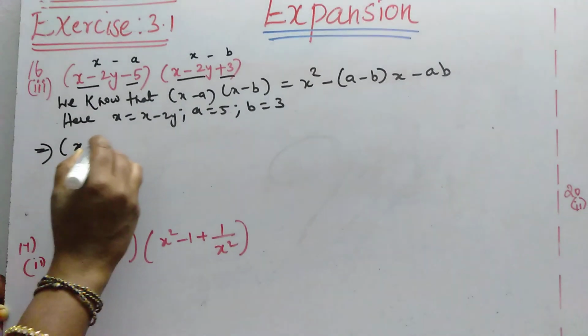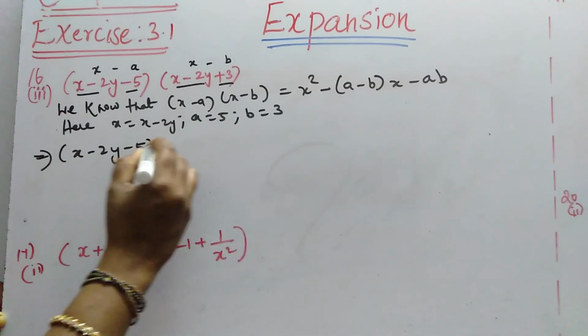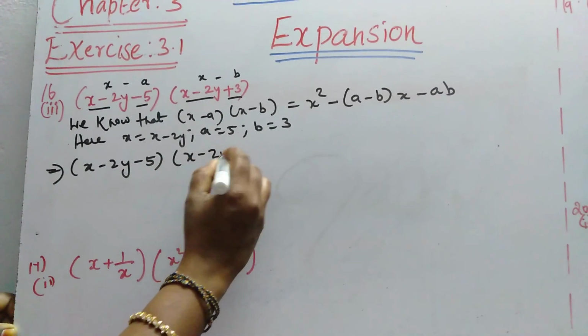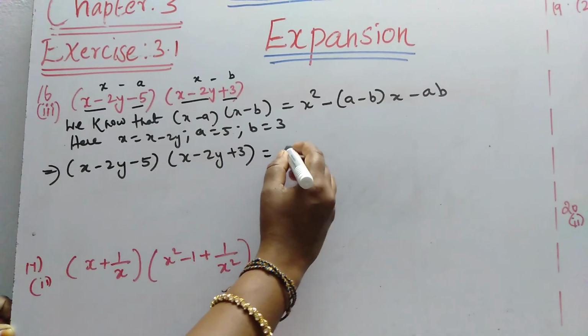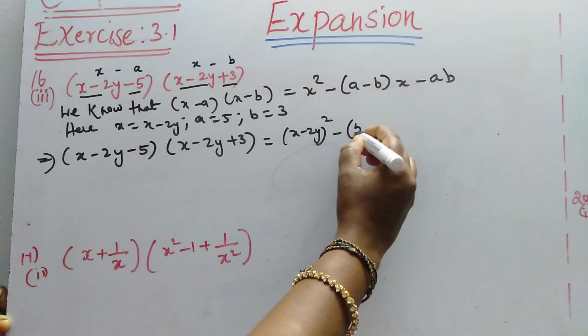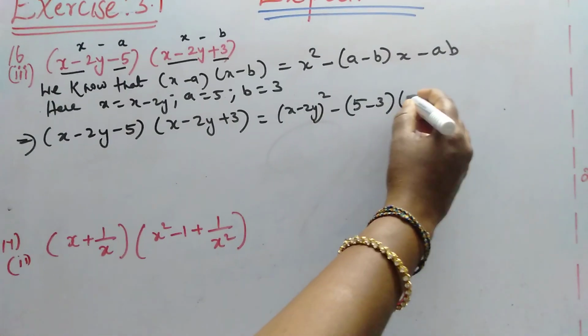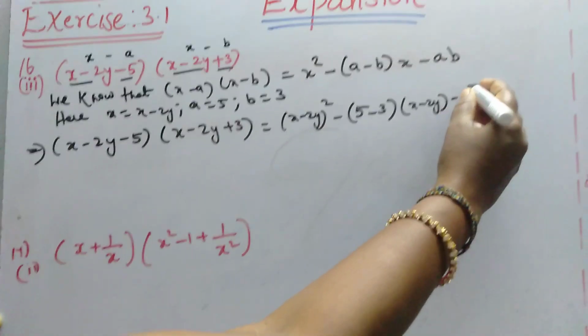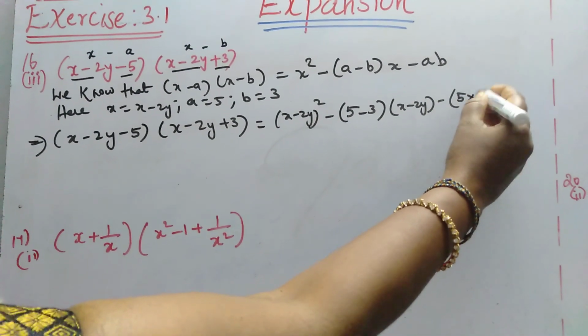So which implies (x - 2y - 5)(x - 2y + 3) equals (x - 2y)² - (5 - 3)(x - 2y) - 5 into 3.